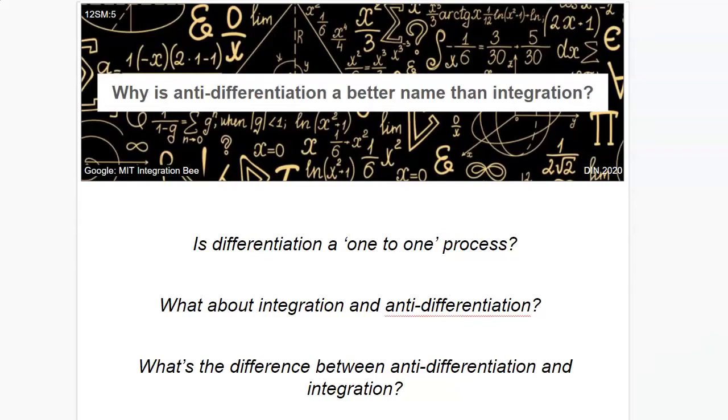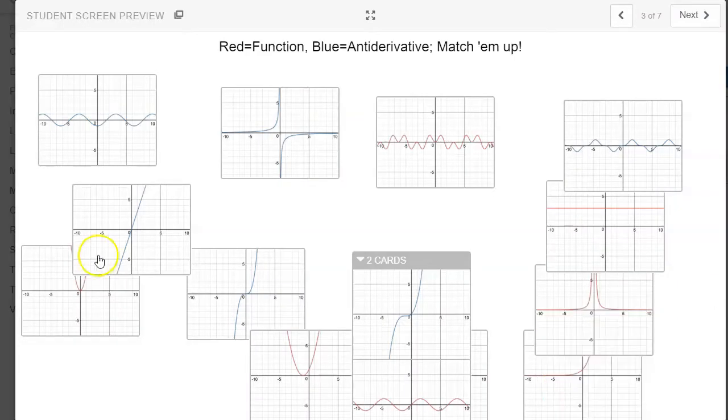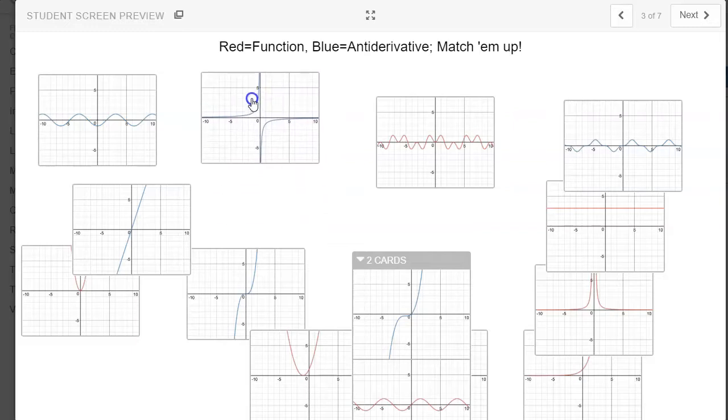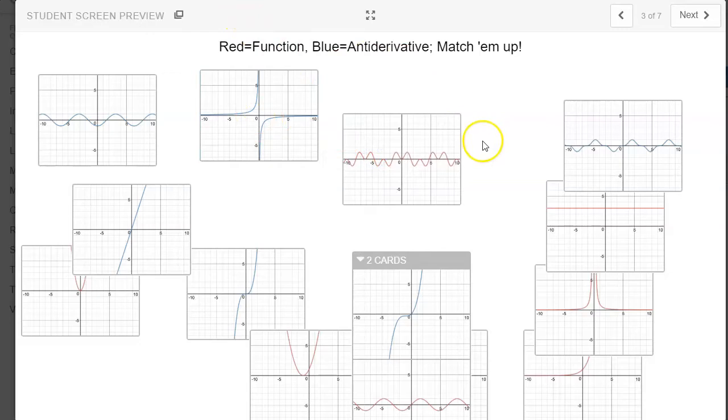Before we look at these little questions a little bit more, there are two things that I'd like you to do just to inform your thinking. First is the Desmos matching activity, which you should have seen on Classroom. The main bit I'm interested in here is this bit in the middle where we have to take the red function and then try and find the antiderivative.